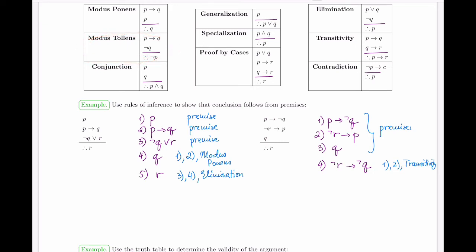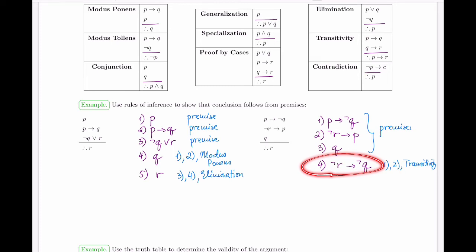Another way to proceed is to start with just the straight up number 4 and apply one of the previous rules that we know something about. So if you have an implication, what are the equivalent forms to the implication itself?